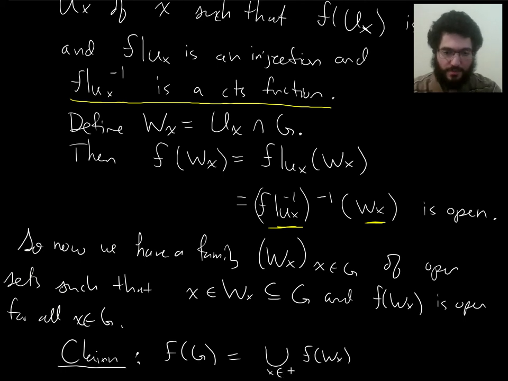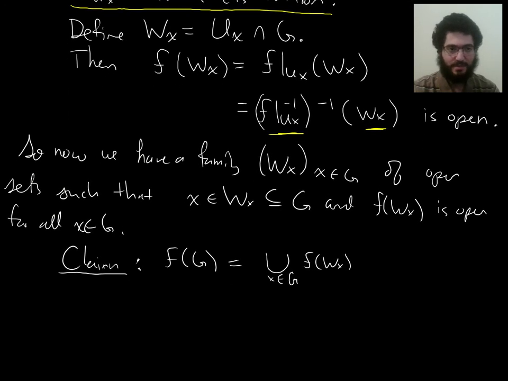The union of these images running over all x in G. So definitely G is the union of the W sub x's, but what I'm claiming here is that f of G is the union of f of the W sub x's. And I'm always a little bit scared with just concluding those kinds of things too quickly, because we don't know that f is injective or anything like that.